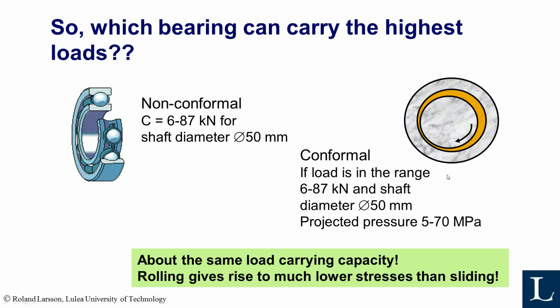And as you have seen here, sliding has a detrimental effect on the film formation and the risk of creating contact of the surface asperities. And you also saw that the stresses in the surface become bigger when you have rough surfaces in contact.